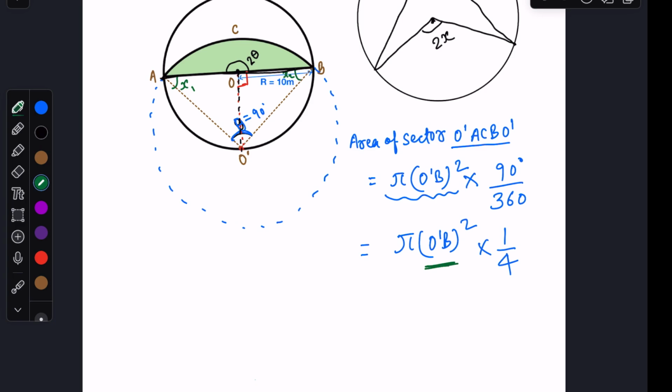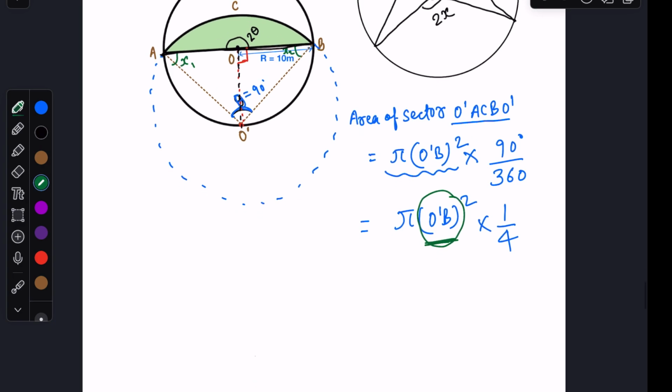First we'll calculate this radius O dash B. This is O, this is O dash. I said this will be perpendicular. This is B. We want to calculate O dash B, this one.